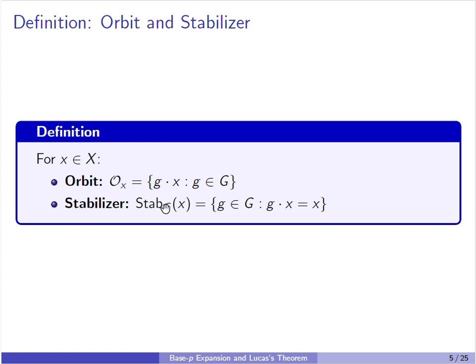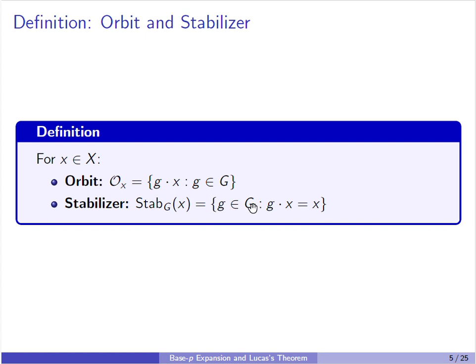Now the stabilizer of element X is a subset of the group. It's the set of elements in the group that fix X, so that behave like the identity element. If you apply the identity element, you get X again, but sometimes it's not only the identity element that behaves like this.